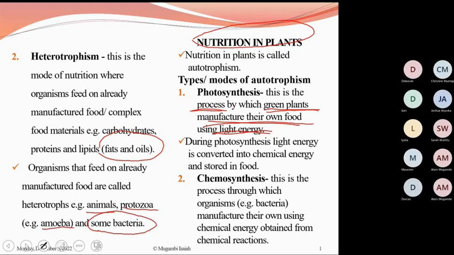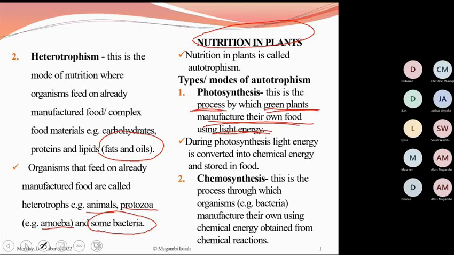In simple terms, light energy is converted into chemical energy, which is used to manufacture the food that will be utilized by the plant, but also stored as a food reserve in various parts. That is what we call photosynthesis, but we'll see this in more detail later.